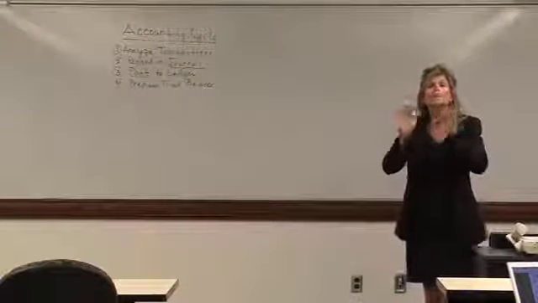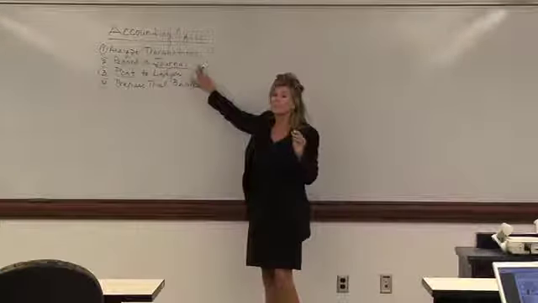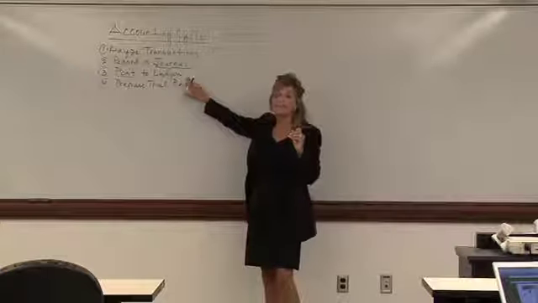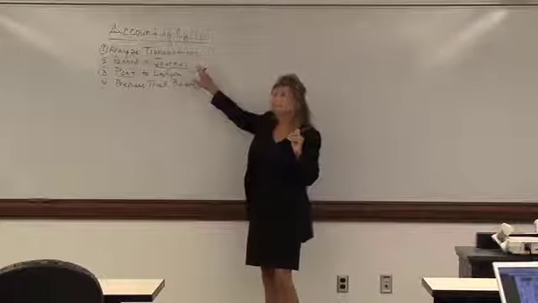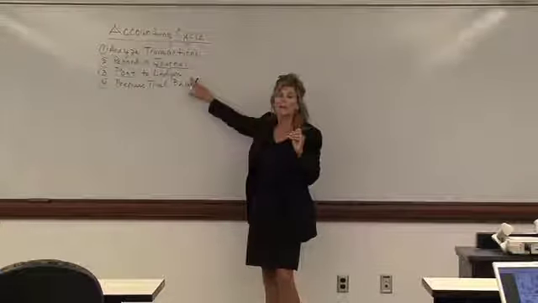You've already made up your mind. You've already made your decisions. So you're merely transferring or posting the same information. So if you debited an asset in the journal, debit that same asset in the ledger. If you credit a liability in the journal, credit the same liability in the ledger.